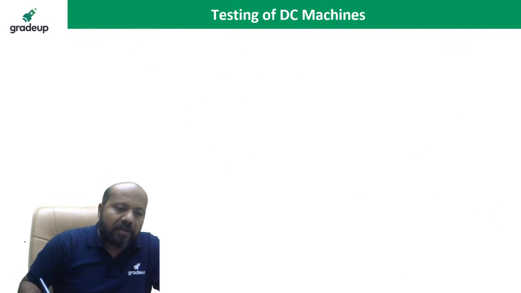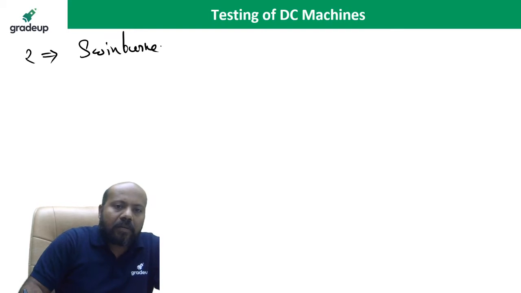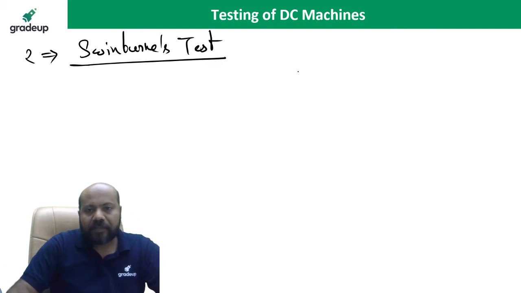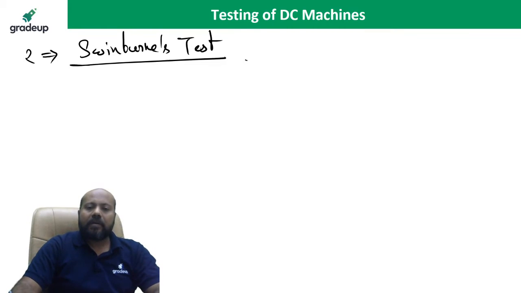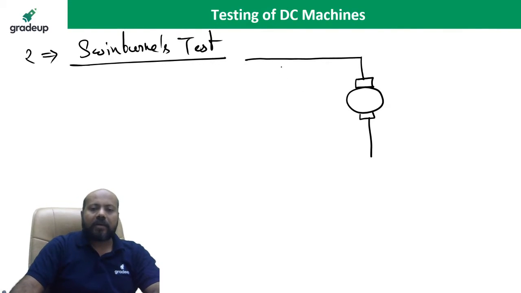Swinburne's test. Let us have the circuit first. The circuit is going to be like this.